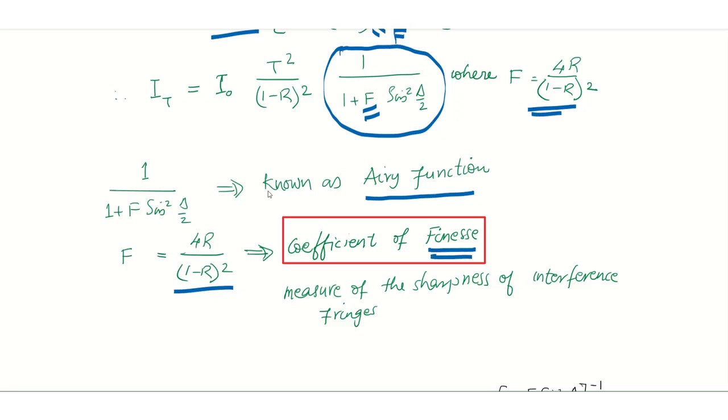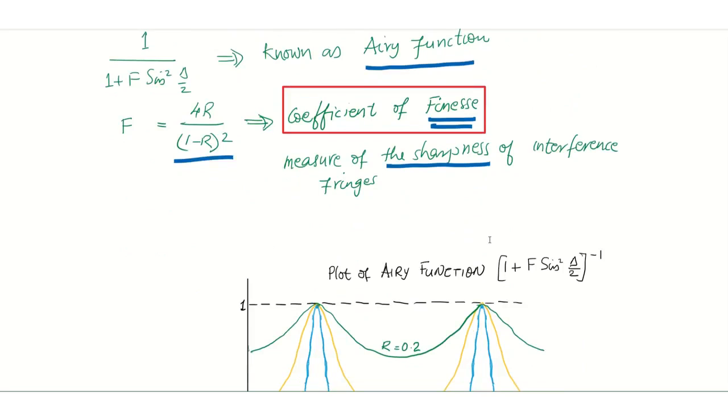As the name suggests, it is a measure of how fine your resolution is, a measure of the sharpness of the interference fringes. That's probably the reason why it is called fineness. Maybe it comes from some other European language, Latin or French, I don't know.